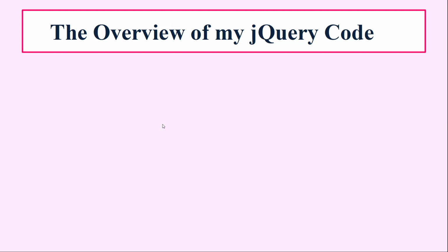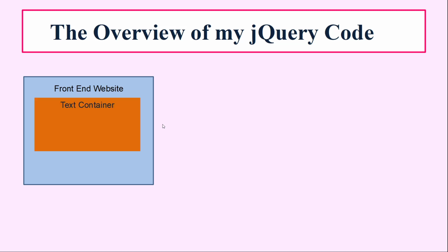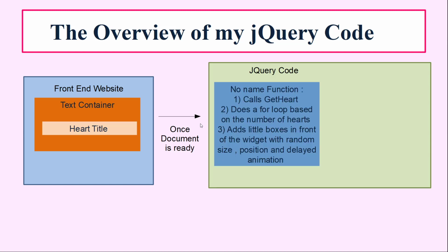I just want to have a quick overview of the code that I'm going to be making. At the moment we have the front end website, and this has a text container with another container with the heart title. We're going to create some code in jQuery that will start once the document is ready. There's an actual function that allows us to do that. Once the document is ready, we will first have a getHeart function.